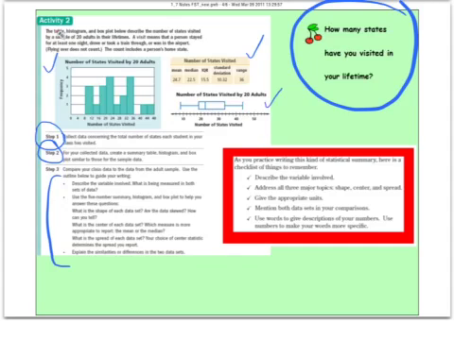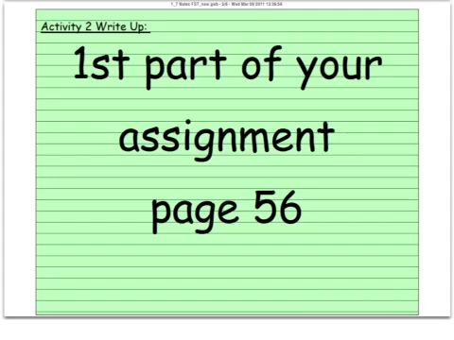You're basically going to compare the sets of data, what you see on the screen here, and our class data in terms of the summary statistics, in terms of the different box plot, and in the histograms. And if you're looking for that activity, it's going to be on page 56. That is the first part of your assignment, which is just what you saw in the packet.